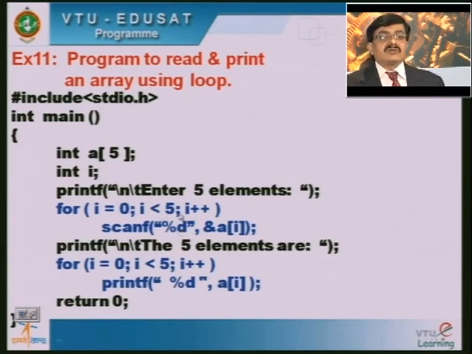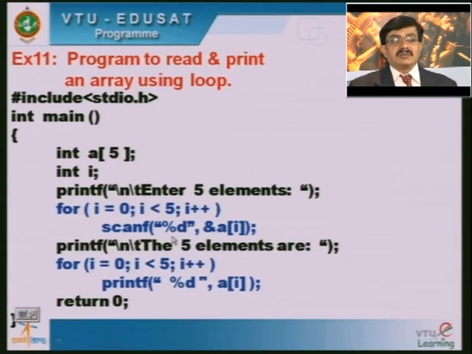Similarly, when i is equal to 1, the condition 1 less than 5 is true, again I will come to the body of the loop, scanf percentage d ampersand a[1] will be the statement there and it will read the second value. Similarly, i is incremented further, so 2 less than 5 is true, it will come to the loop and read scanf percentage d ampersand a[2].